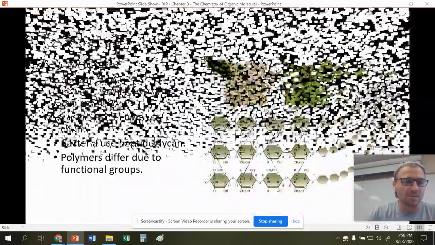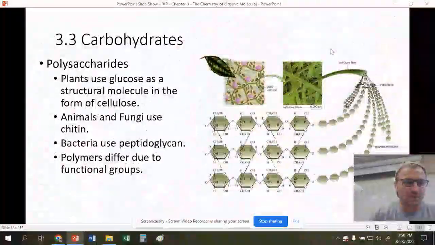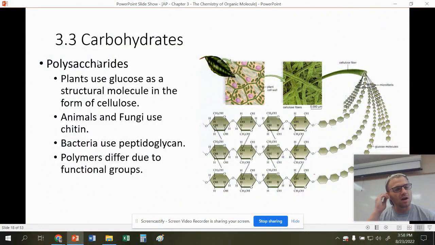We got one more slide. Ooh, let me go back. All right, polysaccharides. Again, we're talking about how they can be used. They can be used for structure, like in cellulose. Plants use the sugar molecules to help build structures within their cells to help them stand up really tall, and that's why they can grow to be hundreds of feet.